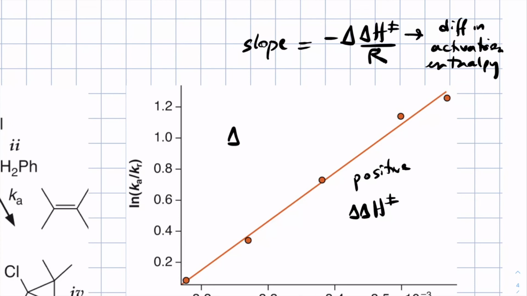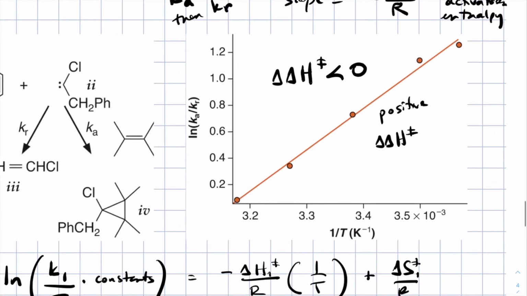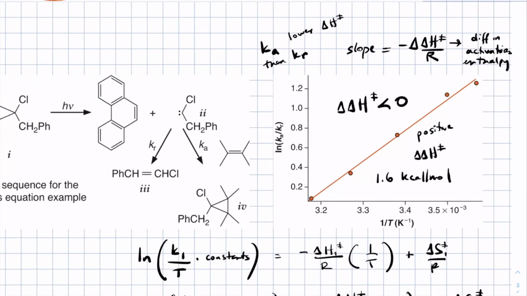That means delta delta H double dagger is negative, which would mean that Ka, the process Ka, has a lower activation energy than Kr. And your text did the math and says it's about a 1.6 kcal per mole difference in activation enthalpy for the faster process relative to the slower one.